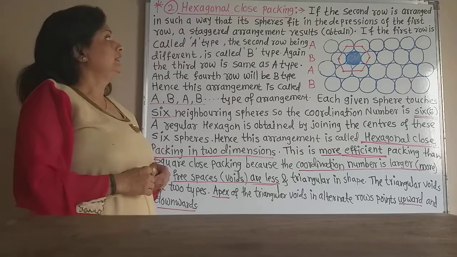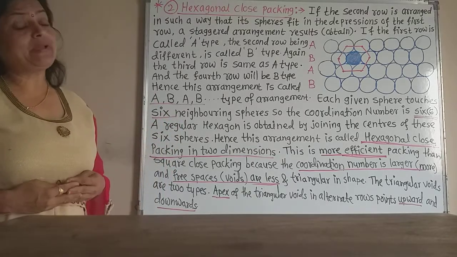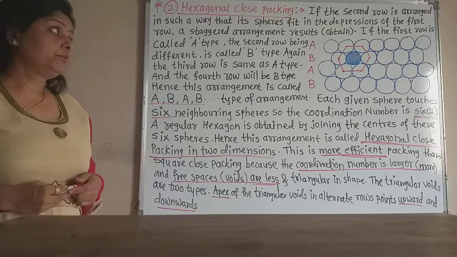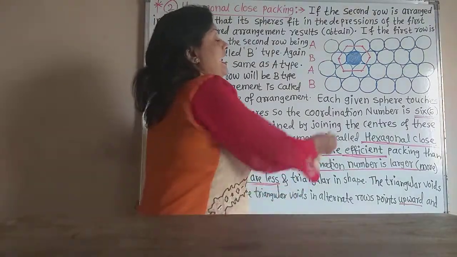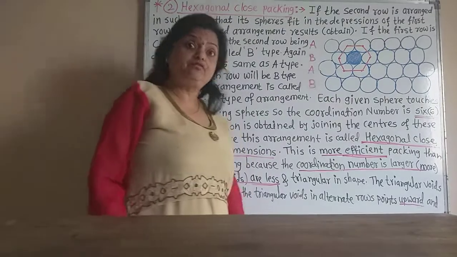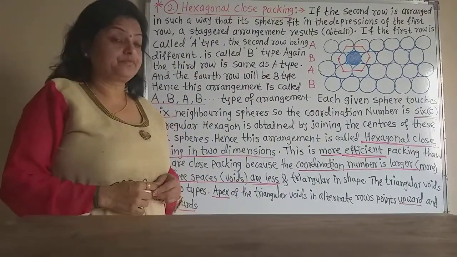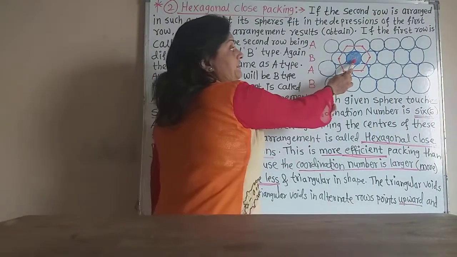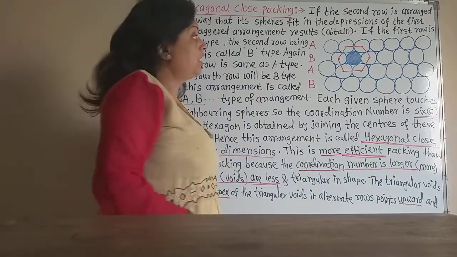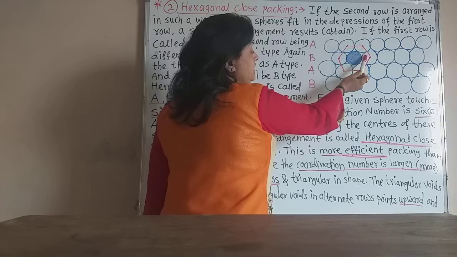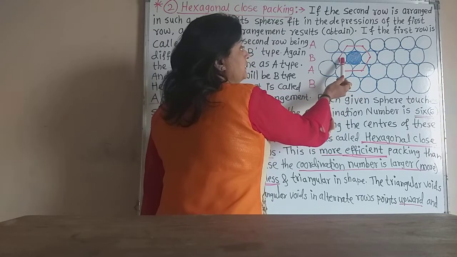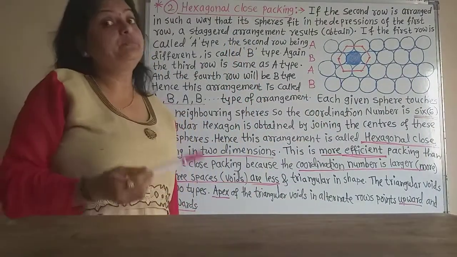Now, it is the hexagonal close packing. Why? Because if we take any given sphere, now we are seeing here that this sphere touches 6 other neighboring spheres.